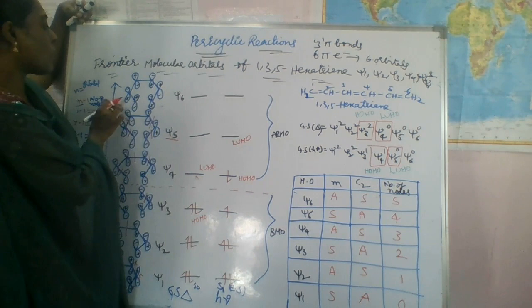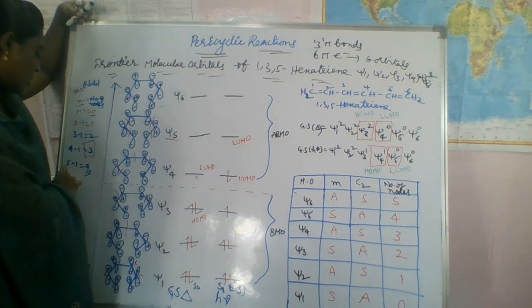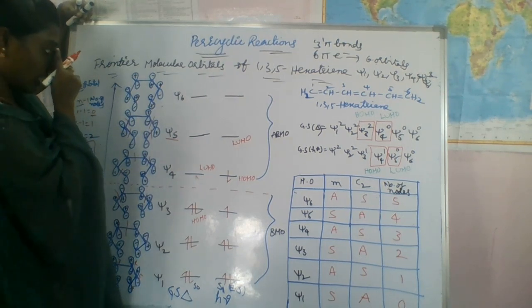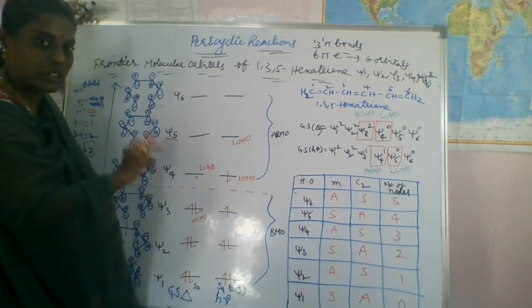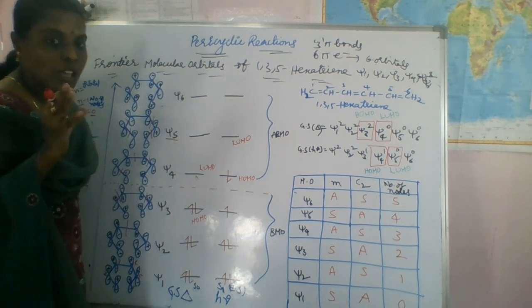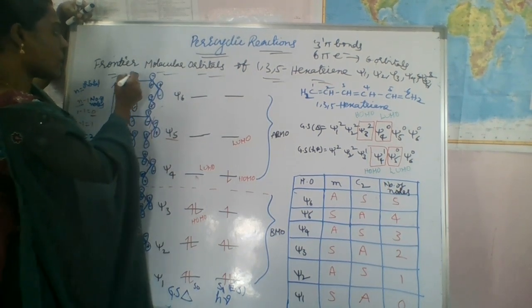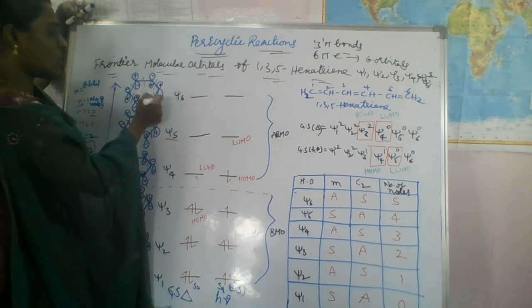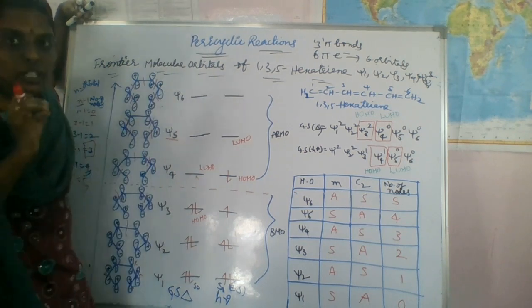What about psi 6? 6 minus 1, so 5 nodes. Simply we have to write plus, minus, plus, minus, plus, minus alternately. Then you will get 5 nodes. Totally 1, 2, 3, 4, 5 nodes are present.